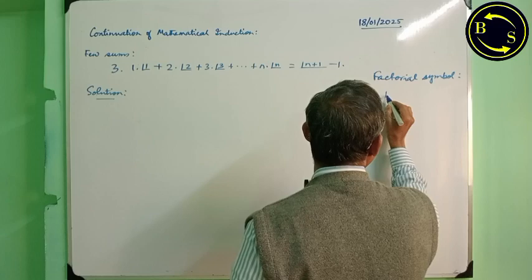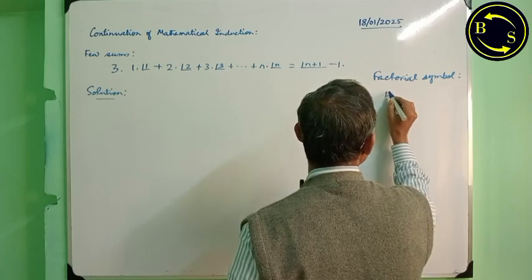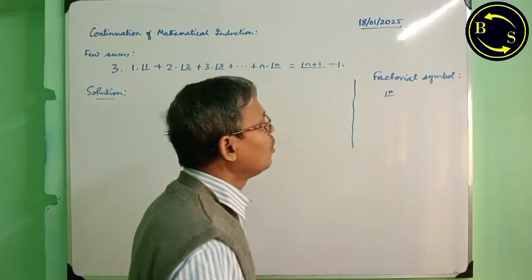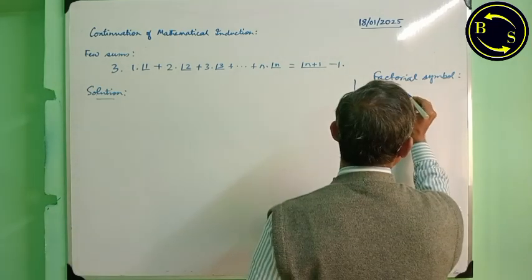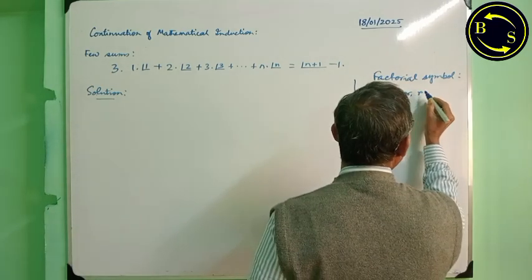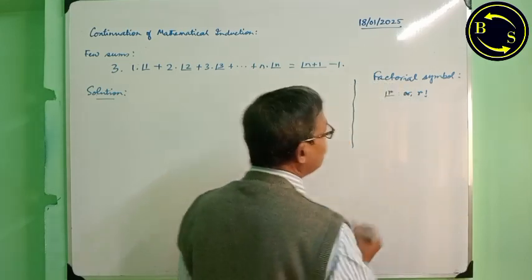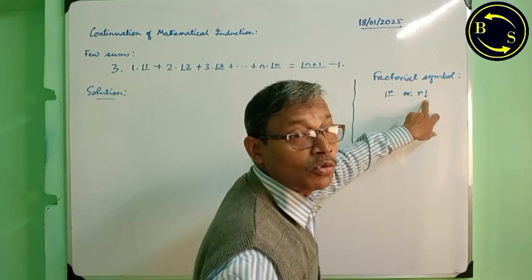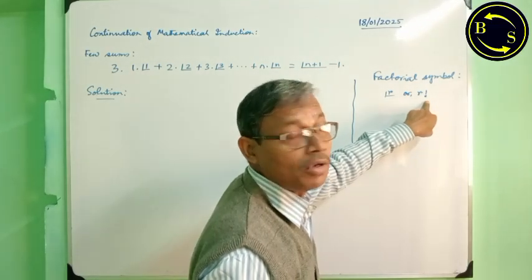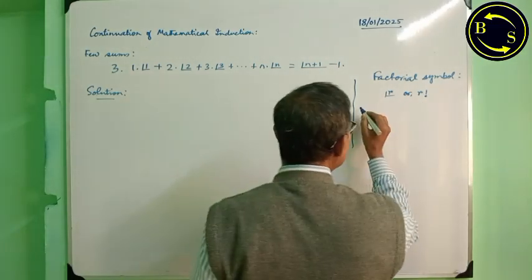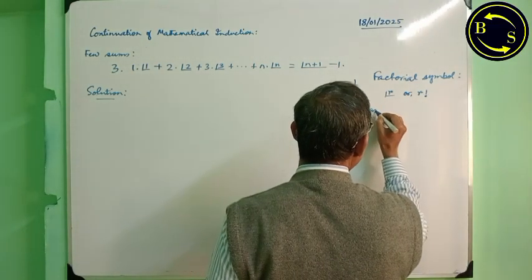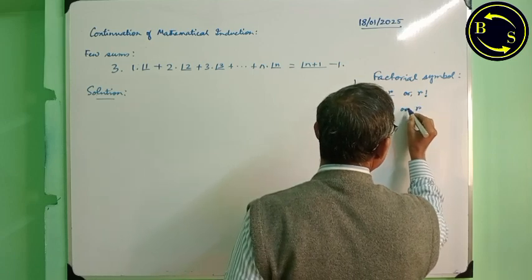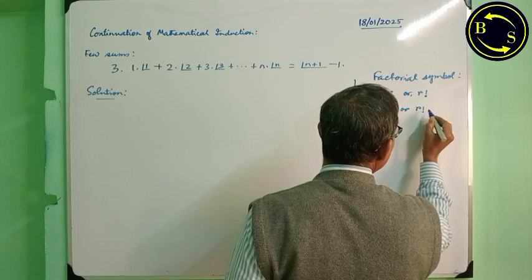The symbol is factorial R, or the other one is the second one, a note of exclamation type symbol. Now, the meaning of R factorial.